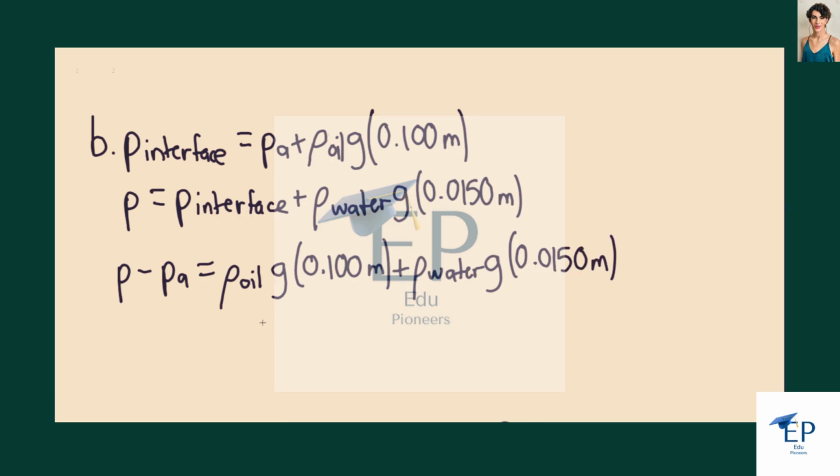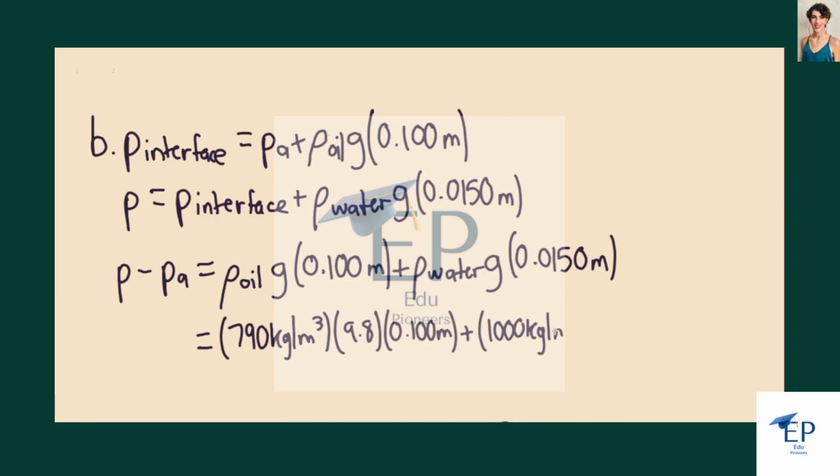And we can solve. This would be equal to 790 kilograms per cubic meter multiplied by 9.8 meters per second squared times 0.100 meters, plus the density of the water, in this case 1,000 kilograms per cubic meter, multiplied by 9.8 meters per second squared multiplied by 0.0150 meters.